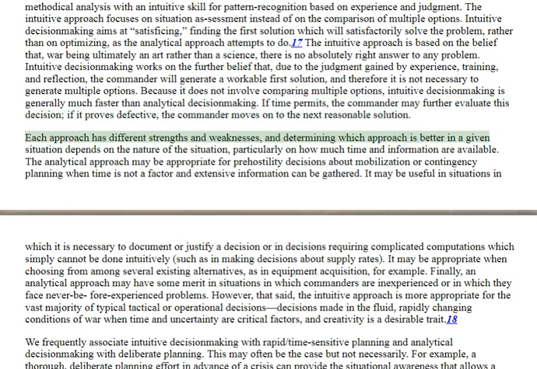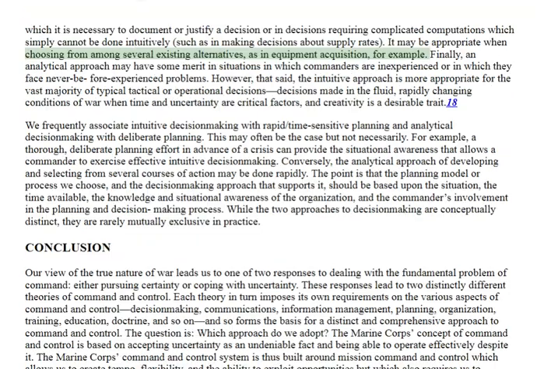Each approach has different strengths and weaknesses, and determining which approach is better in a given situation depends on the circumstances. The analytical approach is better suited to choosing from among several existing alternatives, as in equipment acquisition, for example. Finally, an analytical approach may have some merit in situations in which commanders are inexperienced or in which they face unfamiliar problems.